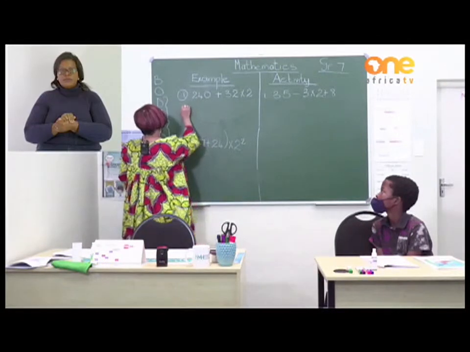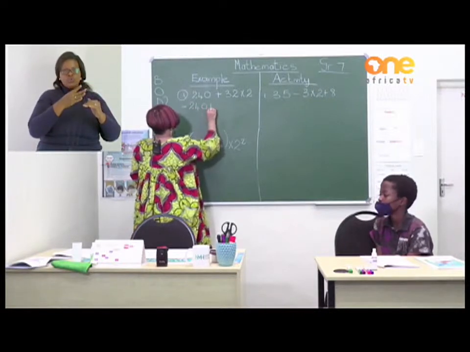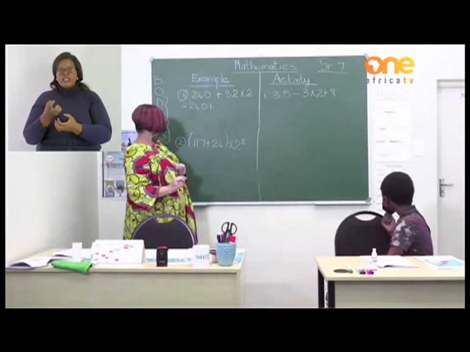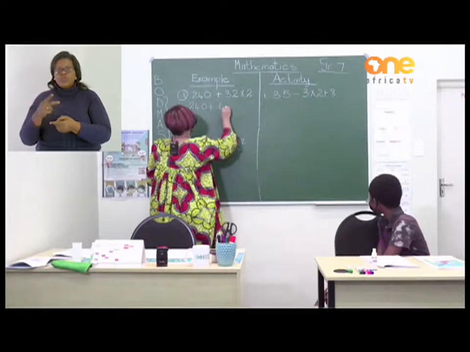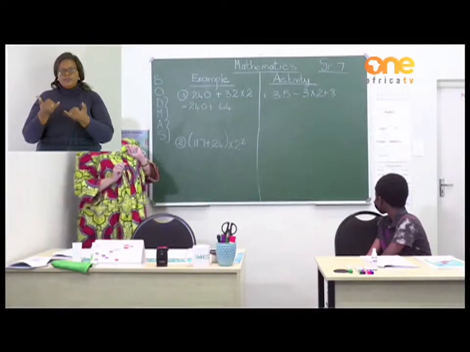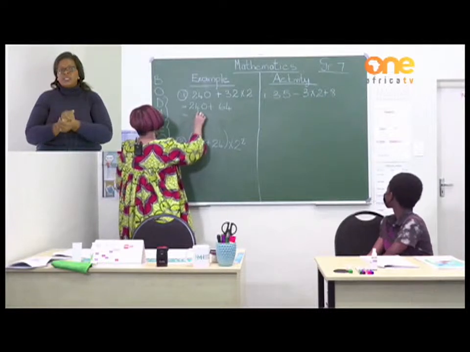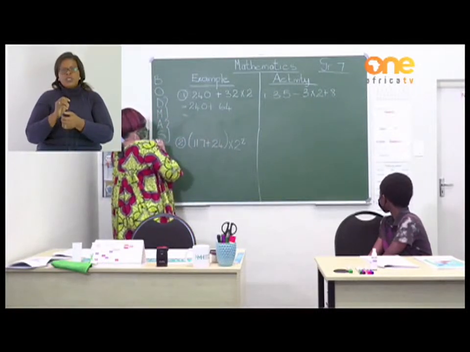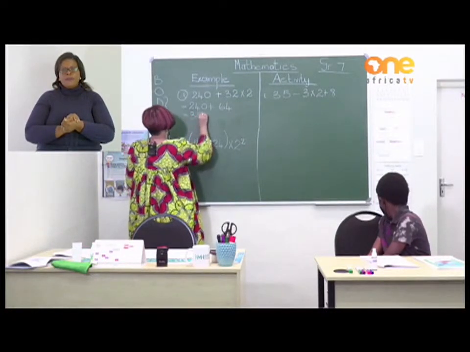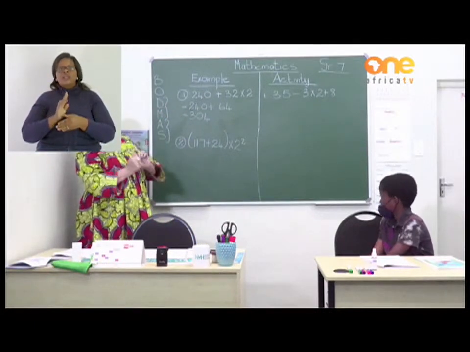You are correct. So let's bring down what we have there, plus I find the answer to my multiplication sum, and that is 64. I only have one operation left, so I will do that operation. So 240 plus 64 will give me 304.